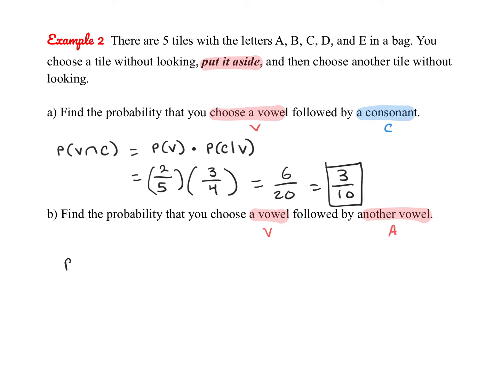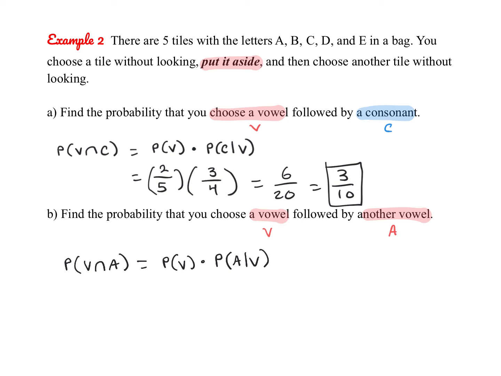So let's find the probability of V and A. We're going to find the probability of picking a vowel times the probability of picking another vowel given that we picked a vowel the first time. Sorry, that should be a vertical line here, given that we picked a vowel the first time.